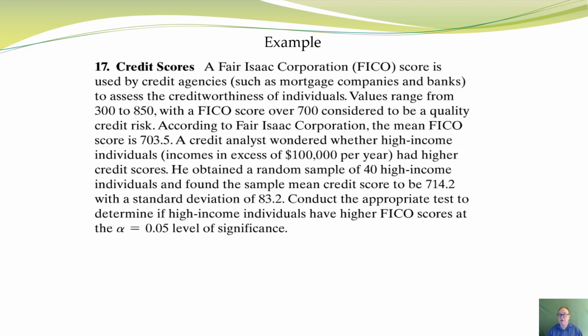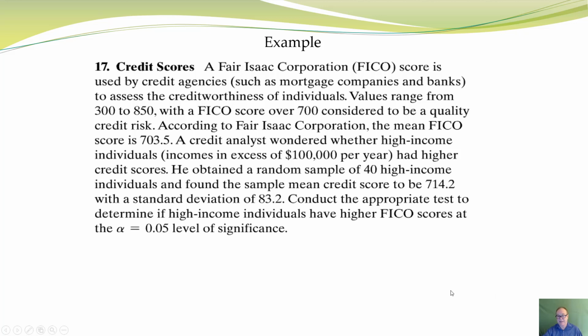A credit analyst wondered whether high-income individuals, incomes in excess of $100,000 per year, had higher credit scores. He obtained a random sample of 40 high-income individuals and found the sample mean credit score to be 714.2 with a standard deviation of 83.2. Conduct the appropriate test to determine if high-income individuals have higher FICO scores at the alpha equals 0.05 level of significance.